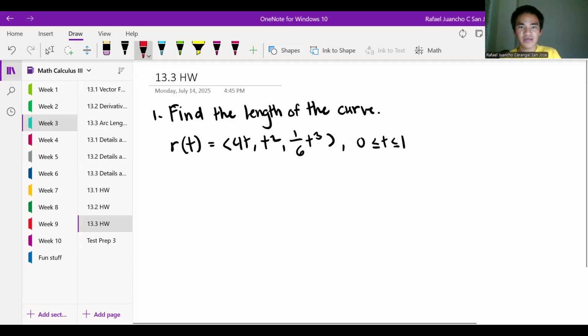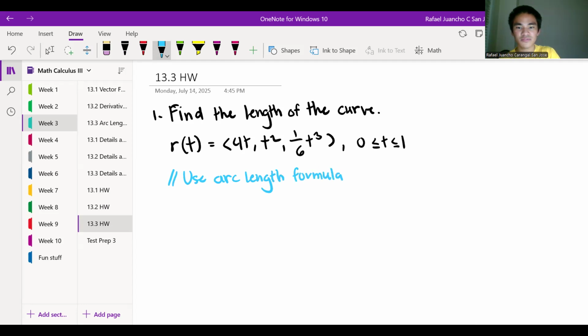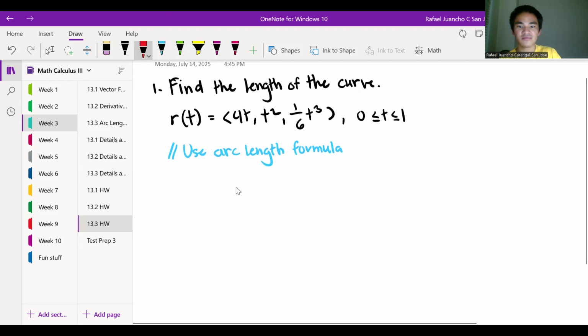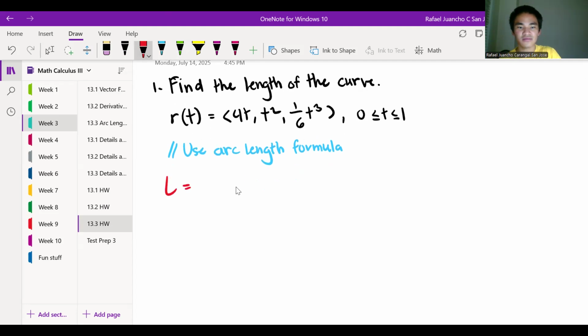When we're looking at this, we want to use our arc length formula, which is the length, the integral from a to b of the norm of the derivative, right?